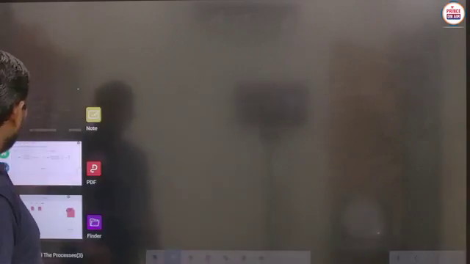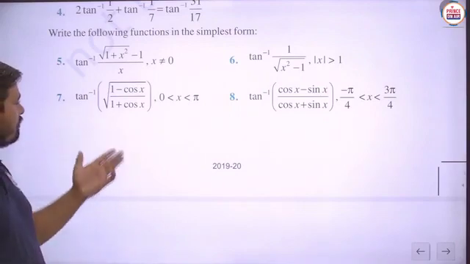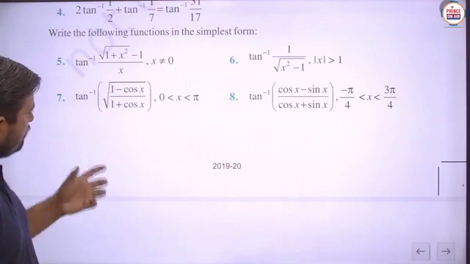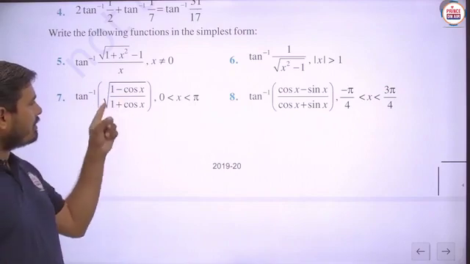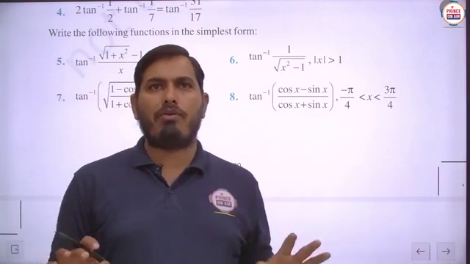Question number 7. Again in this question number 7, tan inverse of under the root 1 minus cos x upon 1 plus cos x. One important thing here: the direct trigonometric function is already written. Now we have to use the particular formula only.